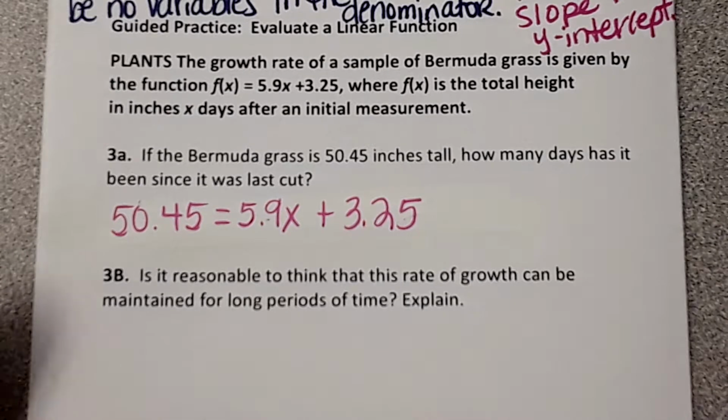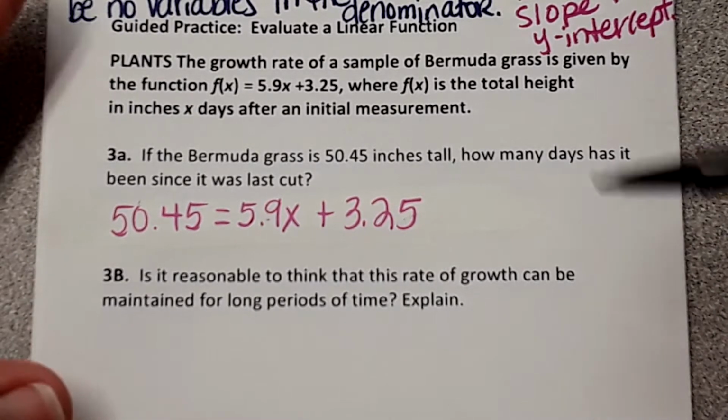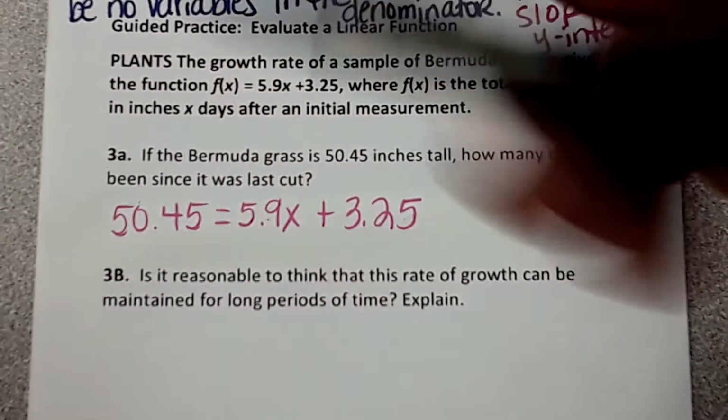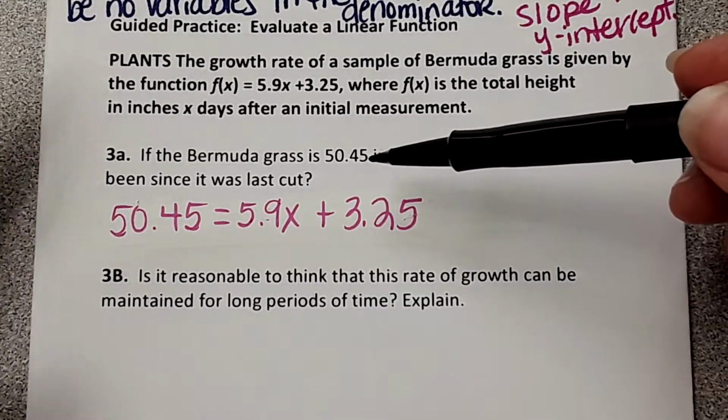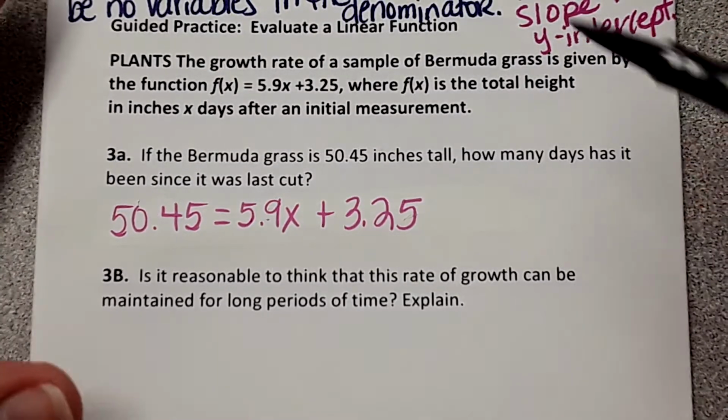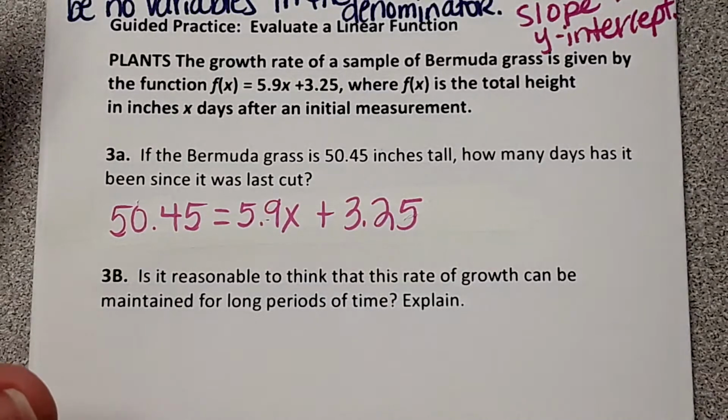So I wrote it wrong the first time, you guys. I was thinking of plugging it in, but x is the number of days. Well, 50.45 is not the number of days. That's the total height. So what am I going to do?